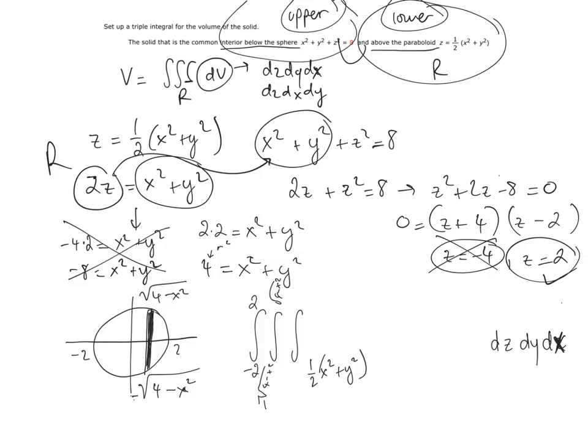Your upper bound will be the sphere, so solve for z for the sphere. z squared equals 8 minus x squared minus y squared, and then z will be the square root of 8 minus x squared minus y squared. So this is your upper bound right here. So now this is your integral.